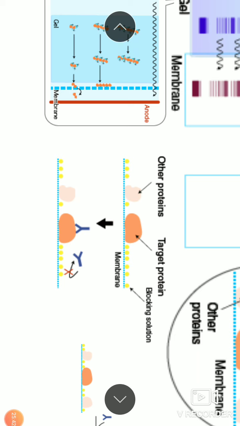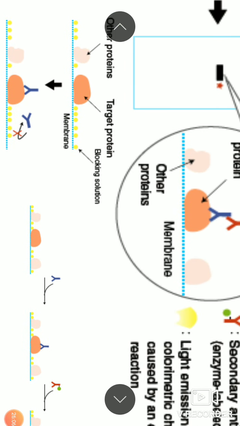So first you have to block the non-specific regions. How do you do that? By adding blocking agents, which is nothing but albumin, which will go and bind to these non-specific regions and not allow the antibody to bind to them. So the antibody binds only to the specific protein of interest.